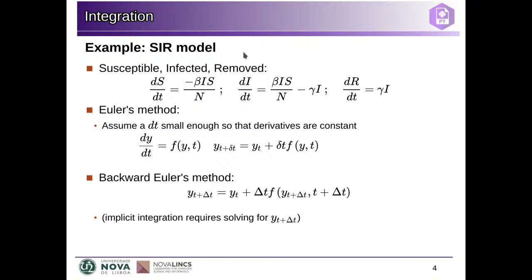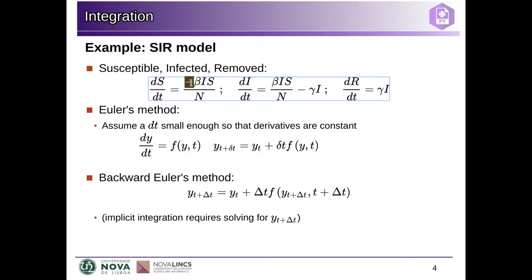Because the more infected people we have, the more people will become infected by transmission, by contagions. And also, the more susceptible people we have, the greater the number of contacts with susceptible people, so the more will become infected. So as a proportion of the number of infected and susceptible, we will reduce the number of susceptible because they become infected.